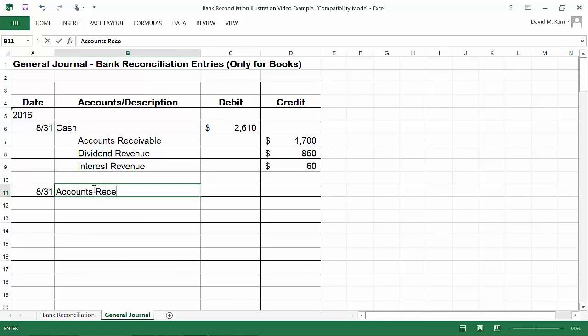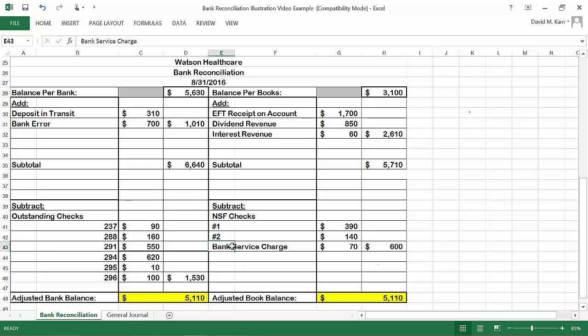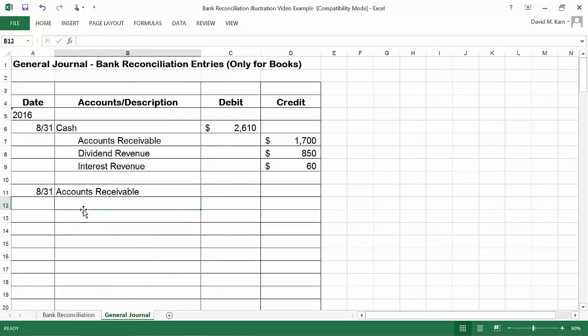Okay, so we have accounts receivable here. And then we are also going to have to debit some type of expense account. You could use service charge expense, service expense, bank service charge expense, however you so choose. So we'll just do bank service charge expense. All right, let's get our amounts.